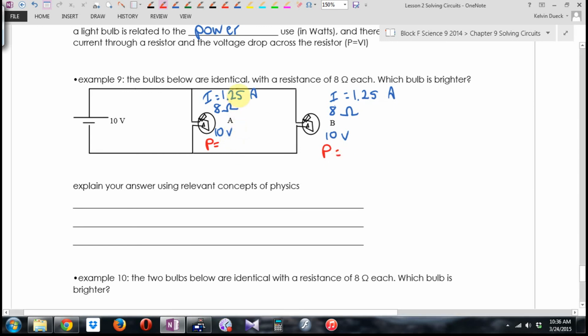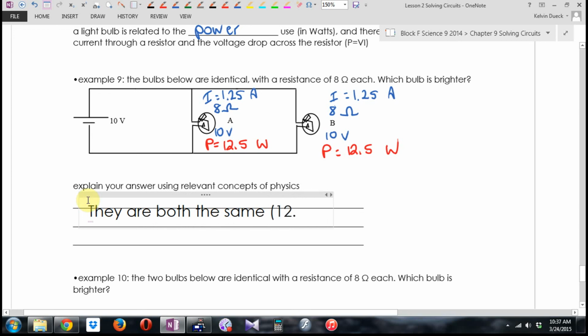V times I, you get 12.5 watts. So here's the question. Which bulb is brighter? It's a trick question. They're both going to be the same. They're both 12.5 watts.